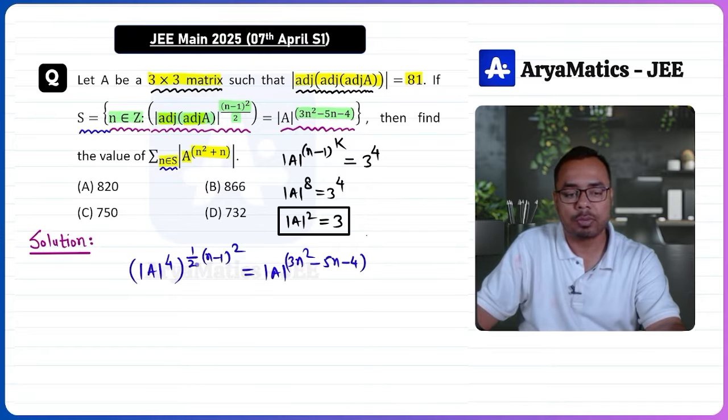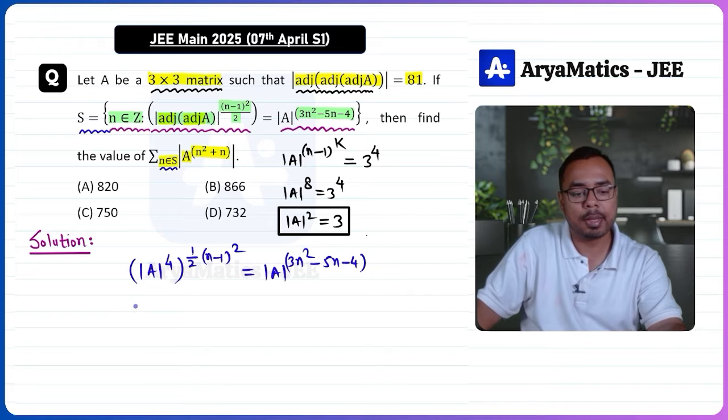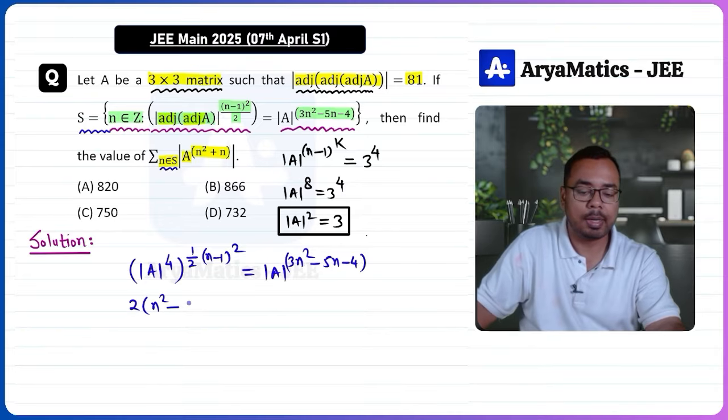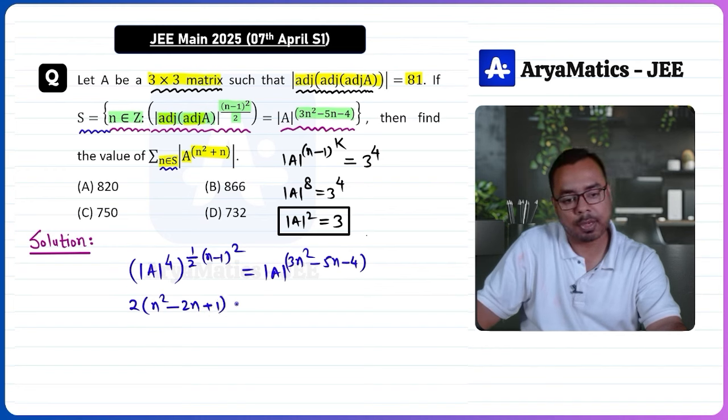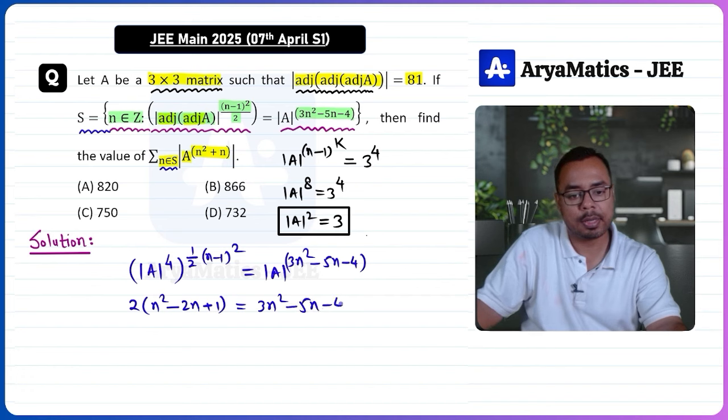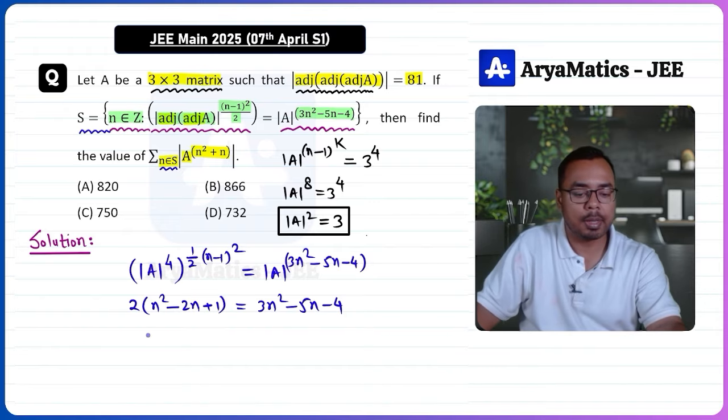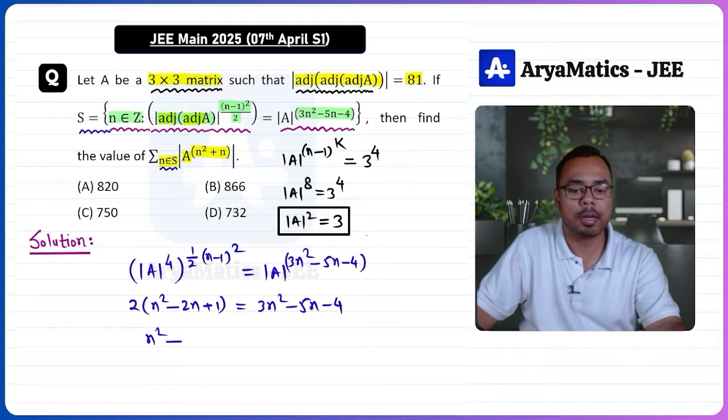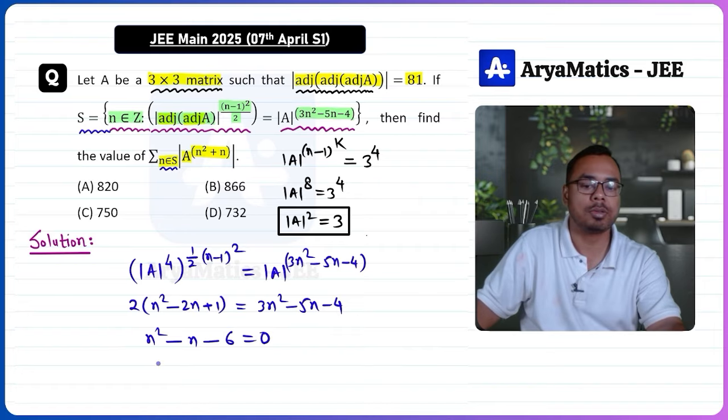So 4 into 1 by 2 into (n minus 1) square will be nothing but 2 into (n minus 1) square, and (n minus 1) square means n square minus 2n plus 1. And on right hand side we have 3n square minus 5n minus 4. So 3n square minus 2n square will give us n square, minus 5n plus 2n is minus 3n, and minus 4 minus 2, that is minus 6, this equals 0.